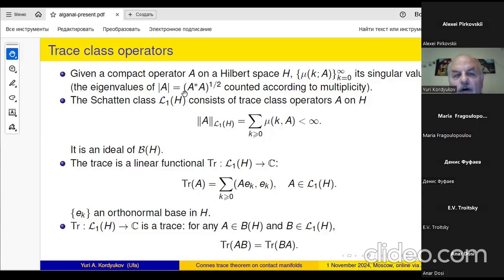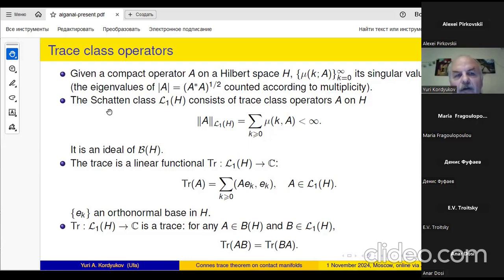So I recall to you that if A is compact, then this absolute value of A is a compact self-adjoint operator, and by Hilbert's theorem we have a complete basis of eigenfunctions with eigenvalues going to 0. And we just take these eigenvalues, and these are the singular values of a compact operator.